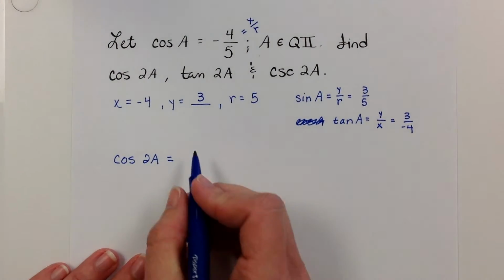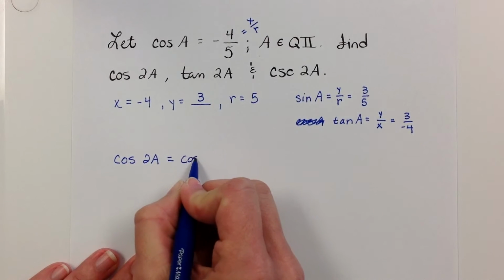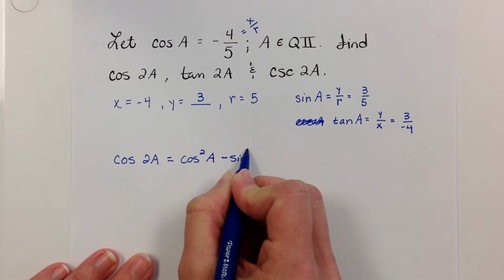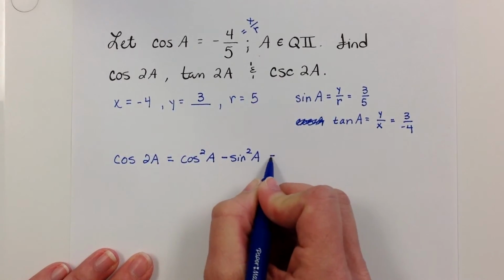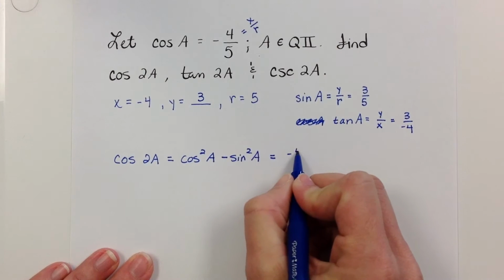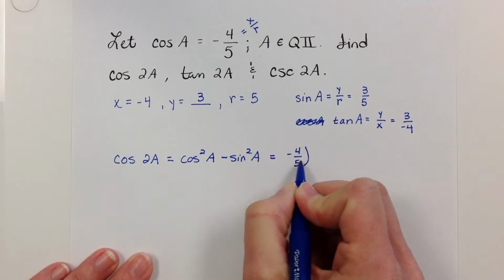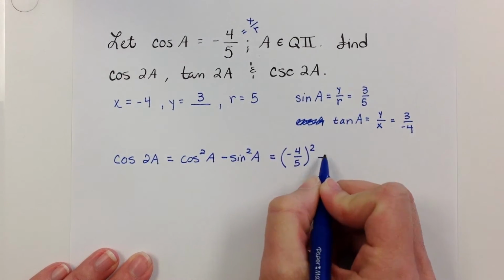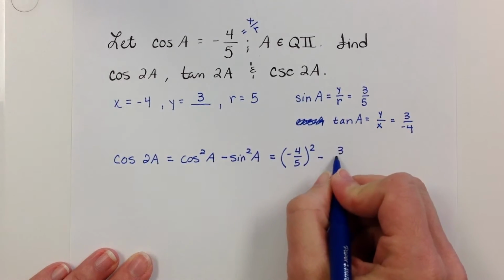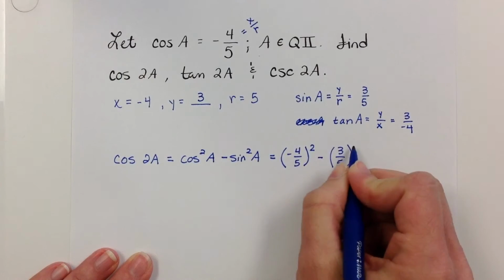I'll just use the first one that says cosine squared A minus sine squared A. We know that cosine's -4/5, so I'll have -4/5, but I need to square it, minus sine squared, so we found that sine is 3/5, and I need to square that.